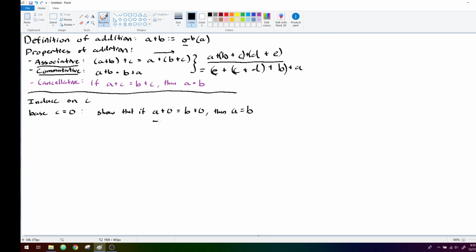So the goal of this is not to prove that a plus 0 equals b plus 0, but that if we are given that this is true, then that will follow. It's really this "then" that we're trying to prove here. So we're just going to start with the assumption that a plus 0 is equal to b plus 0, and we need to show that this entails a equaling b.